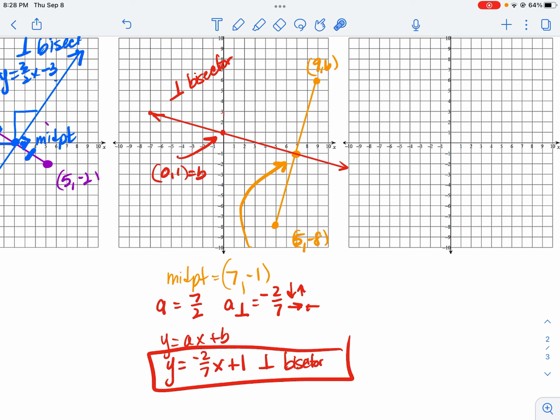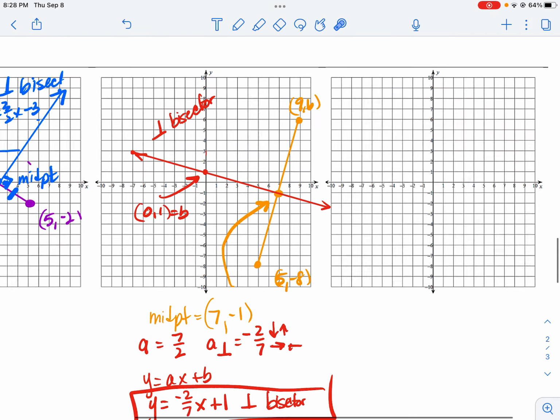Using the perpendicular slope, we just started at our midpoint and counted backwards to get to that line, and then used the intersection on the y-axis to find that formula. So you don't have to always use the formula. There are still methods that you know that you can use to solve this. So let's do the last one.